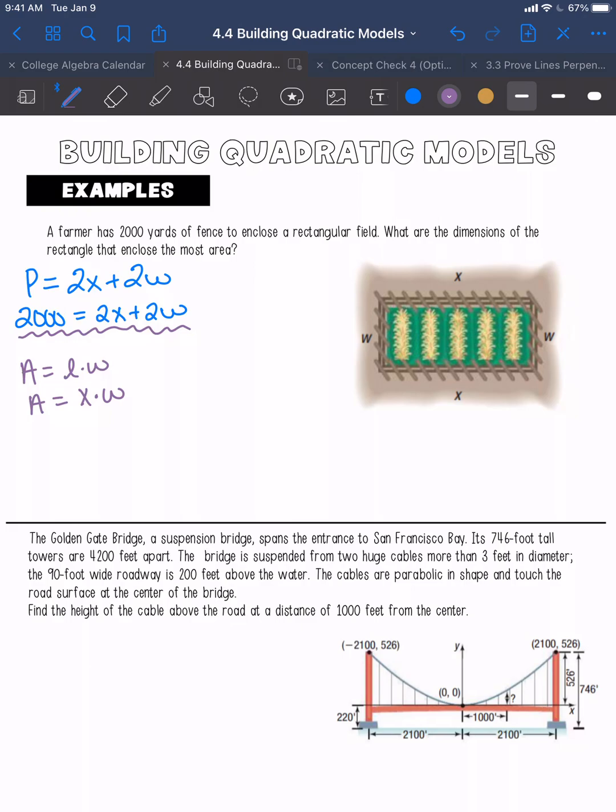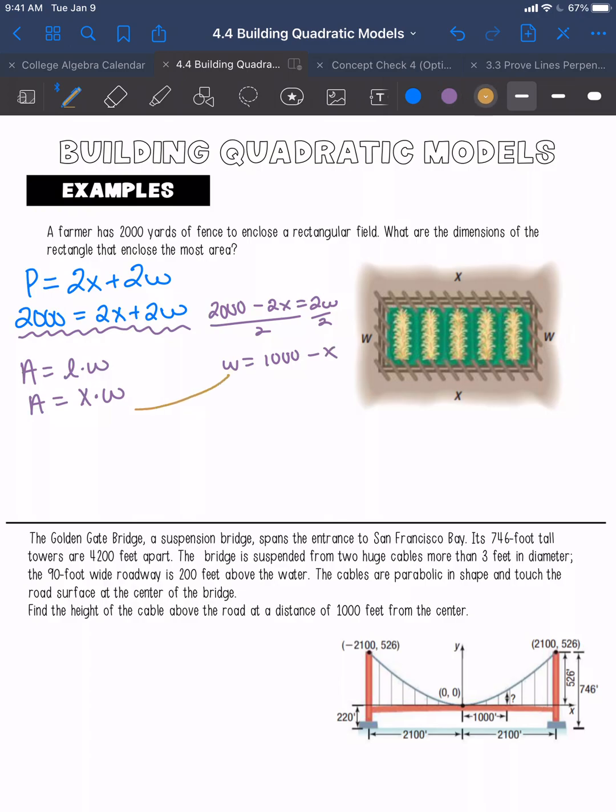Like your homework might ask you for, write the function of the area with respect to the x value or the w value. It doesn't really matter. We're just going to go ahead and solve for w. So if we solve this for w, 2,000 minus 2x equals 2w. Divide everything by 2, and we get w equals 1,000 minus x.